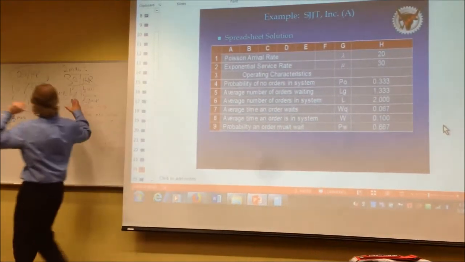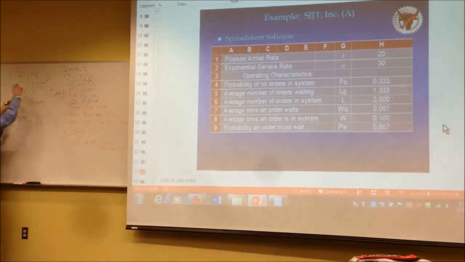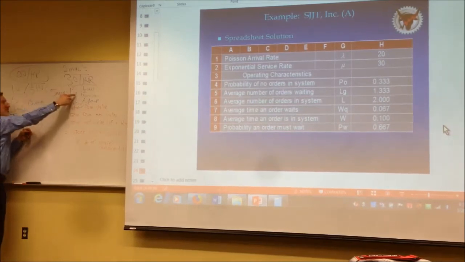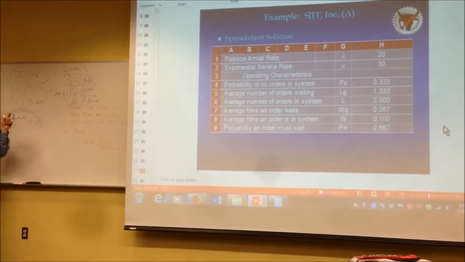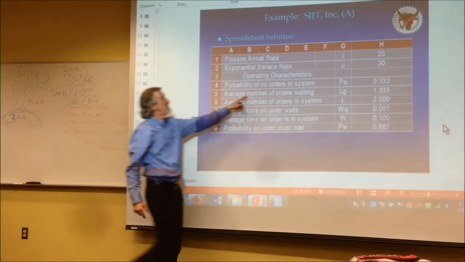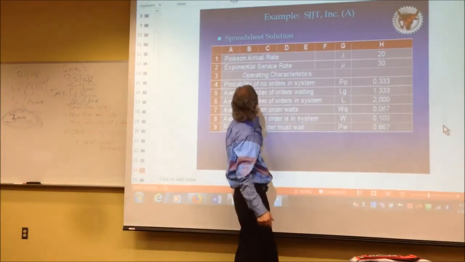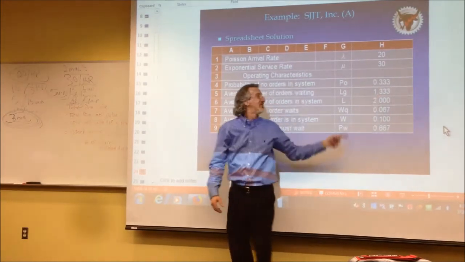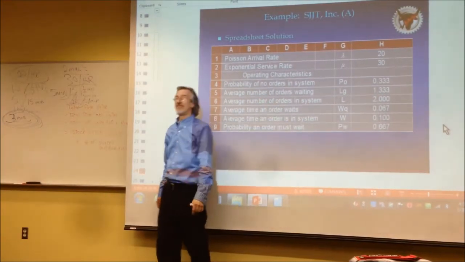Switch it to half hour. 10 squared. 15 minus 10 is 5. 5 times 15. Divided into 10 squared, 100. I'm pretty sure, it's been a long time, but I'm pretty sure you'll get 1.333. Average number of orders waiting.